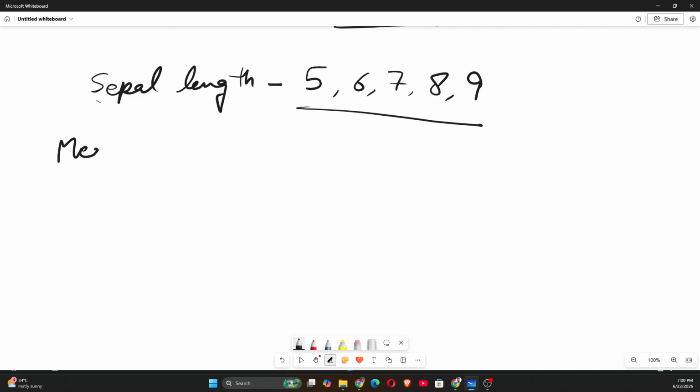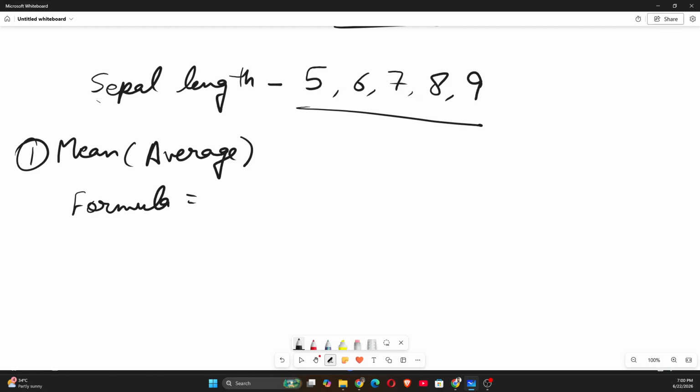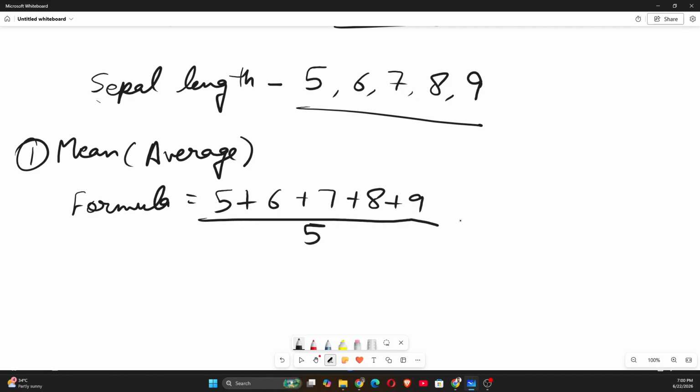You must have known, but I will explain. Mean is basically the average. The formula is the sum of numbers upon the total number of elements. So it would be 5 plus 6 plus 7 plus 8 plus 9 by 5, which is 7.